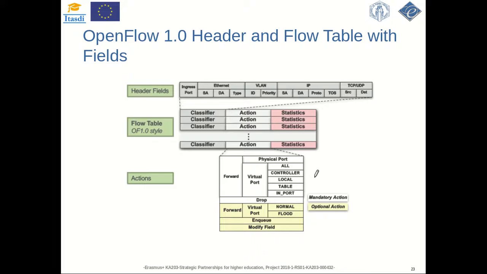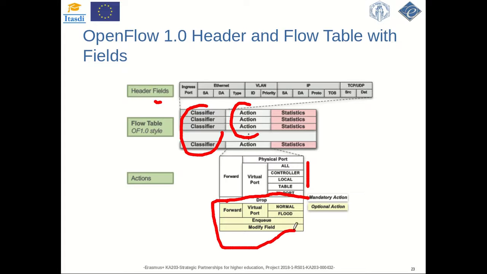What is included in the flow tables: classifier, action and statistics. In the classifier we have header fields which contain ingress port, Ethernet, VLAN, IP, TCP, UDP parameters like ports, source address, destination address, etc. In the action part we have actions, which are mandatory and optional.